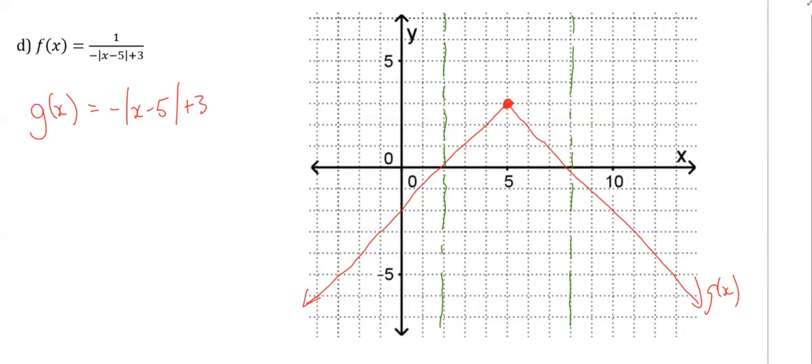So what are we actually going to do? We're going to make sure if this graph is negative, its reciprocal is negative, right? Like in the bottom part of the grid, below the x-axis. And it crosses at negative 1. So this one's going to go like this, and like this.